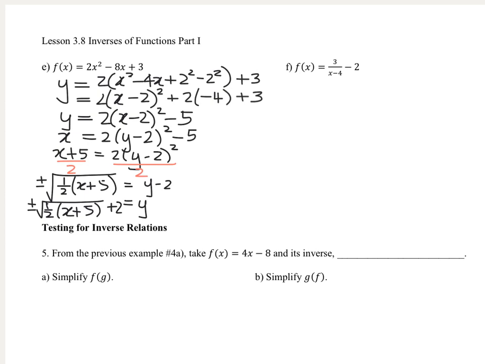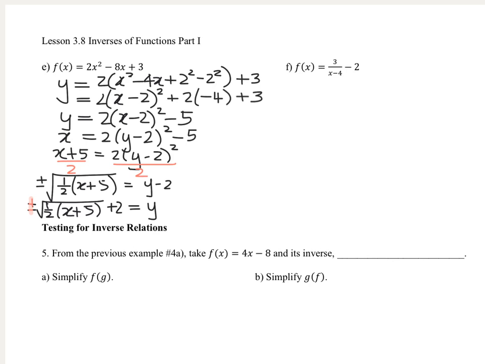And because this is just a relation, not a function, because of the plus or minus here in front, I'm just going to leave this as equals y rather than equaling f inverse, for example. And that's my final answer.